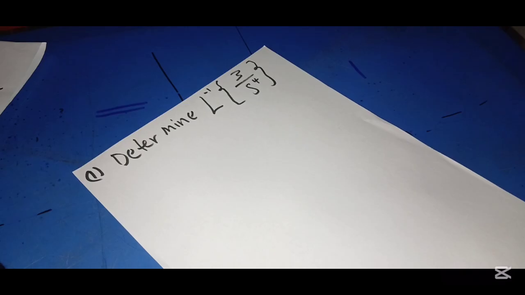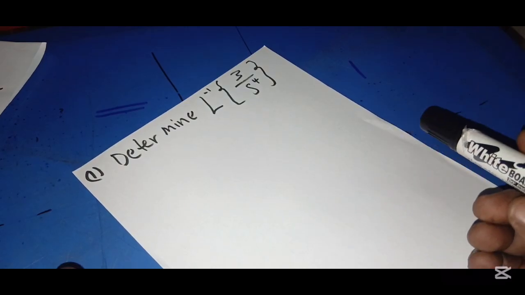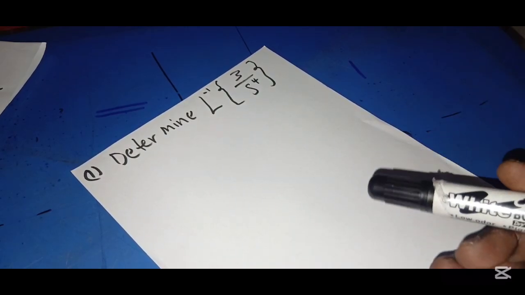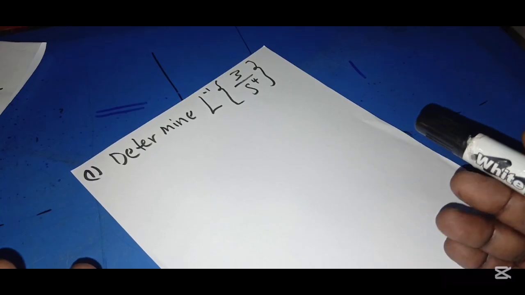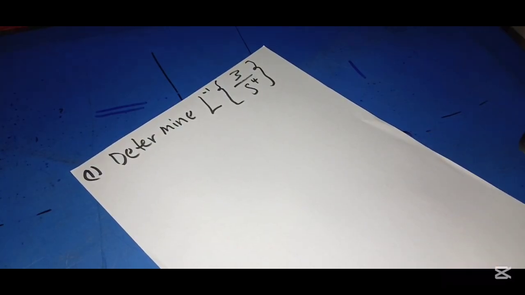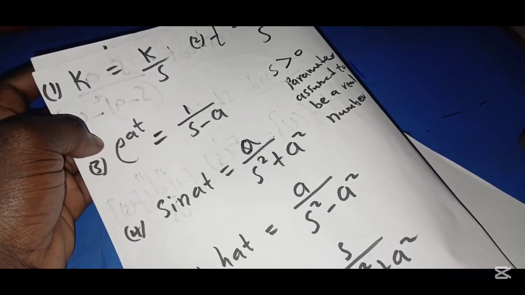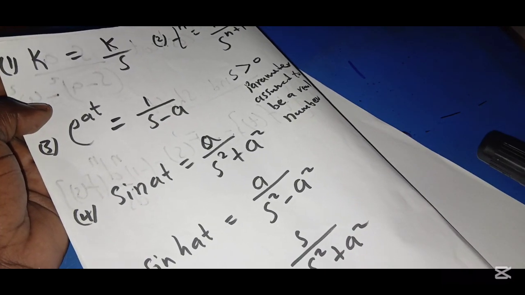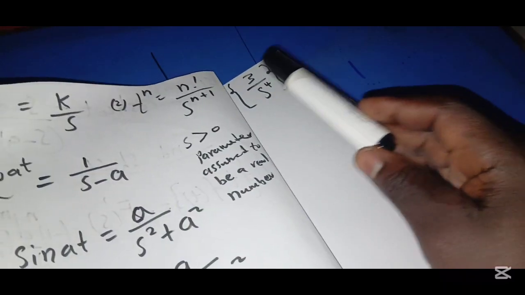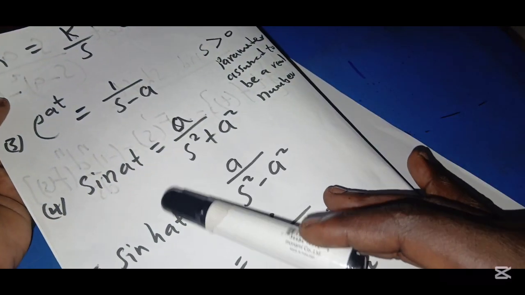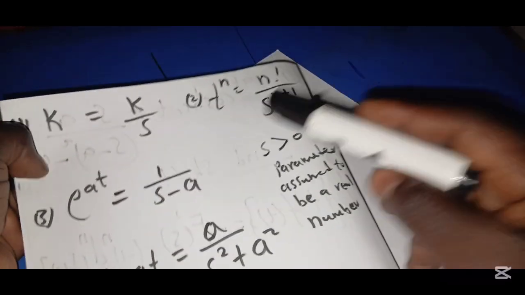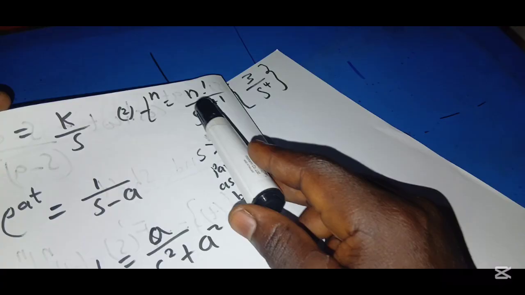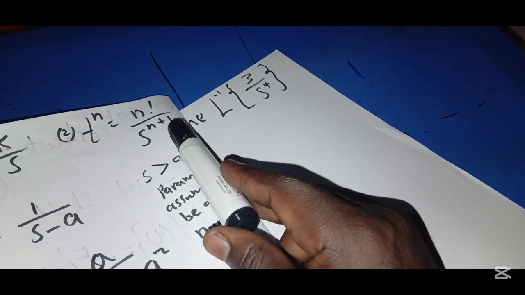Is it e to the power at, sine at, or cos at, or those others? That is why there is a need to know the basic Laplace transforms. You could see that this function is of the form t to the power n equals n factorial over s to the power n plus 1.